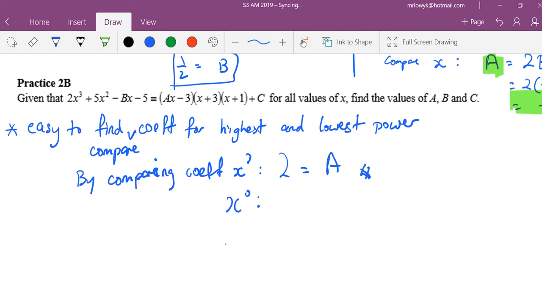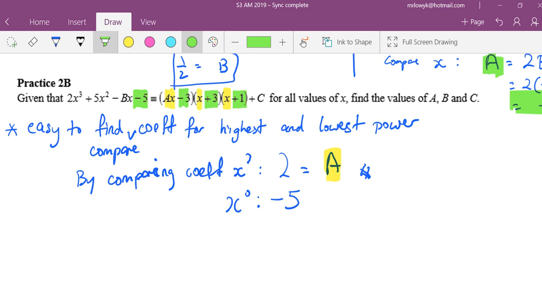Negative 5. Now, let me highlight for you. To get a, right, I take the first ax times x times x. Ax times x times x, I'll get ax cubed. But for number, let me use another color. For number, what I do is I take minus 5. I will take this number times this number times this number plus c. Am I correct?